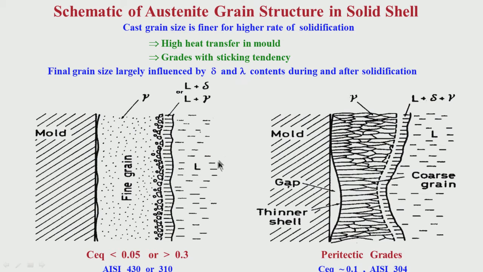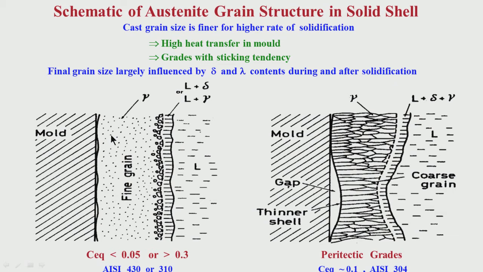So, in such cases the earlier will be the onset of austenite, finer will be the delta grains. So, here the grains are coarser because of heat transfer considerations, because of solidification characteristics. Here delta to gamma transformation in the solid state is important.